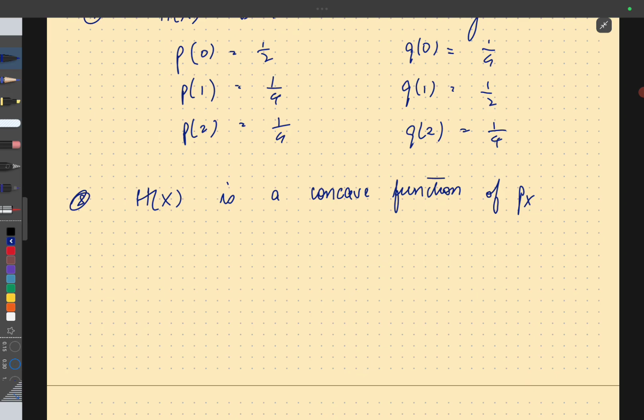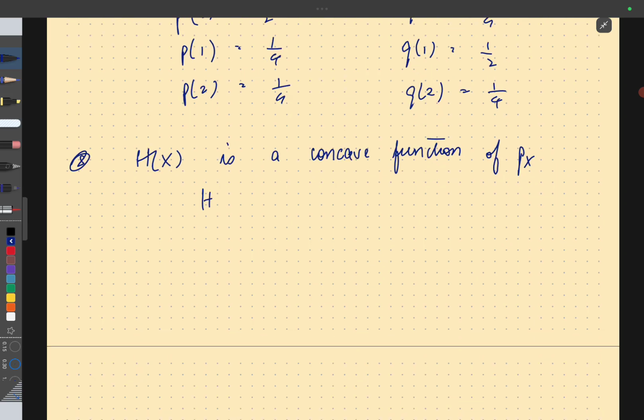Okay, u log u is a convex function. Minus u log u is concave. Correct. Or rather, the summation of u log u is also a convex function. Correct. So, the negative of that is concave.